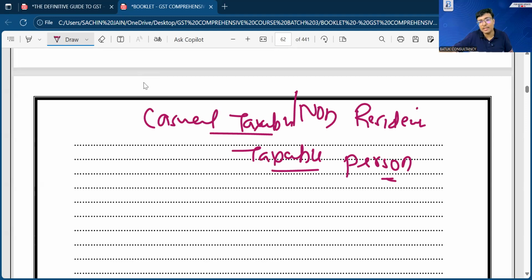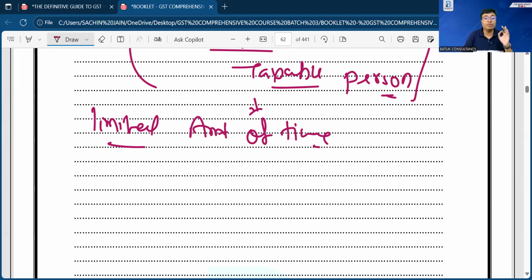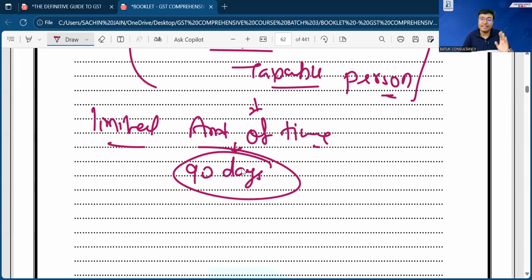These are the persons who are taking the GST registration for a very limited amount of time. The government is allotting them the registration for a maximum of 90 days, and that 90 days can be further extended by 90 days. This is the maximum timeline for the casual taxable person and the non-resident taxable person.